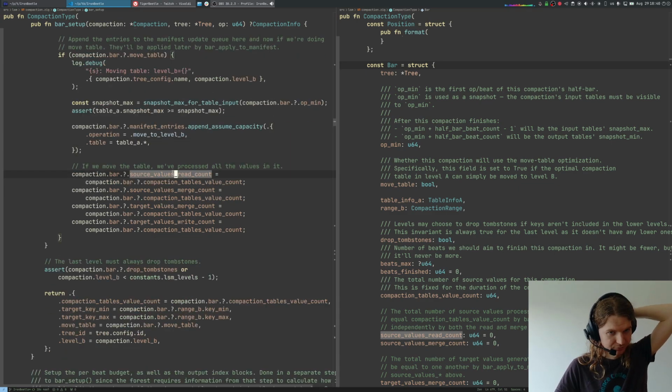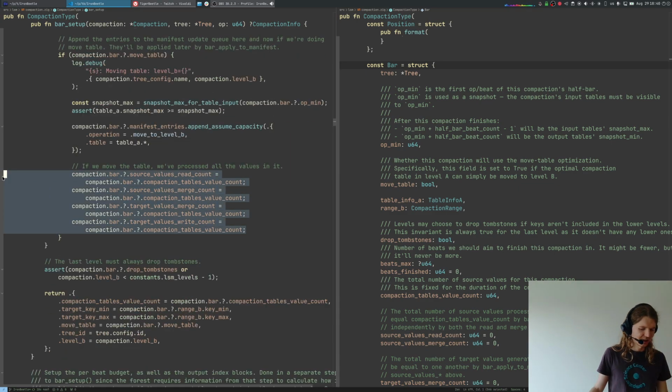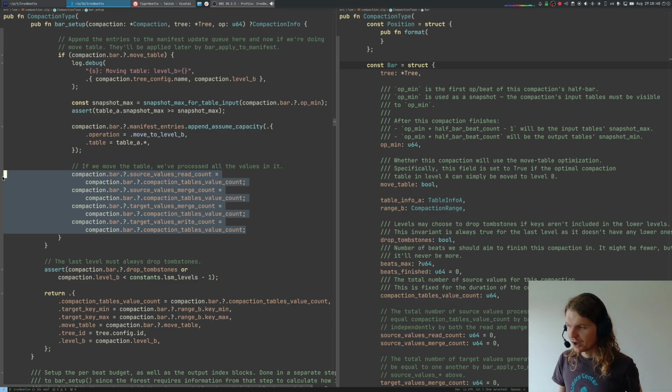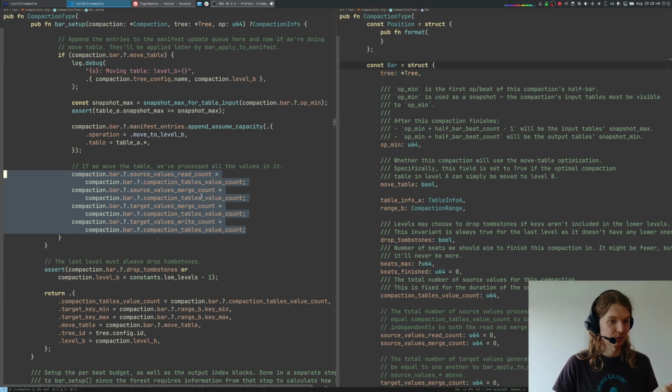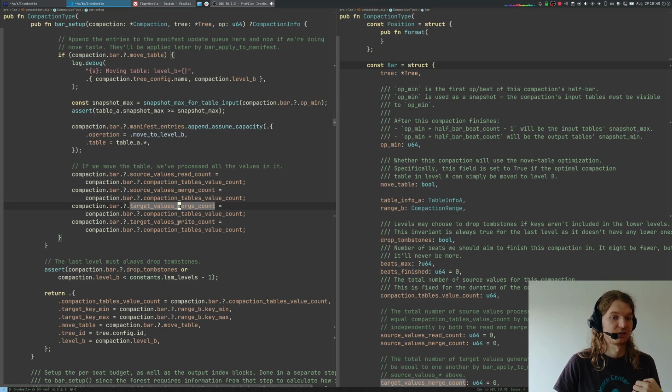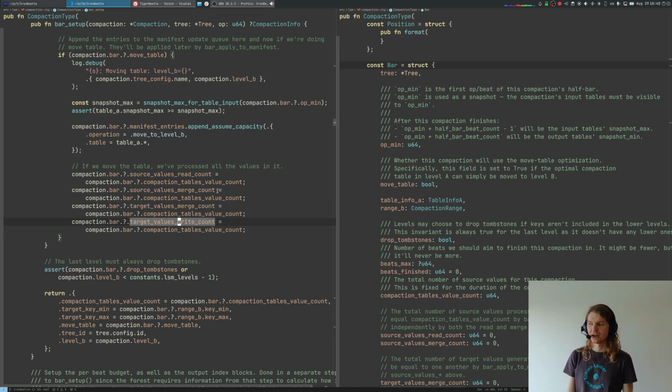Okay. And here, one of the invariants of a compaction is, it's kind of like a bathtub equation, that all the values you have read are the values you have written. So we track those invariants in source values read, source values merged, target values merged, and target values write counts. And if we move a table, then we apply these operations logically.